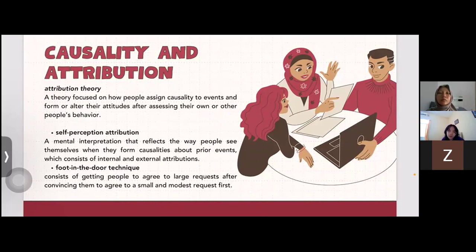Attribution theory is focused on how people assign causality to events and form or alter their attitudes after assessing their own or other people's behavior. Self-perception attribution is a mental interpretation that reflects the way people see themselves when they form causality about prior events, which consists of internal and external attribution. And the next one is the foot-in-the-door technique. It consists of getting people to agree to large requests after convincing them to agree to a small and modest request first.